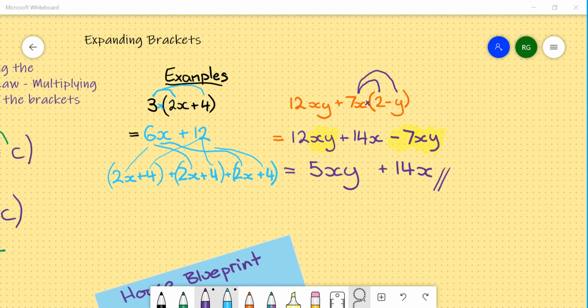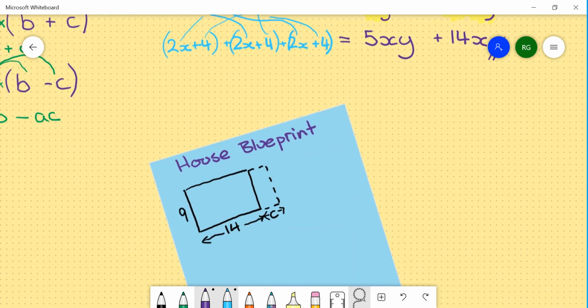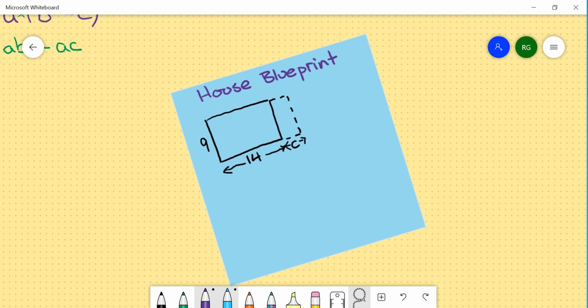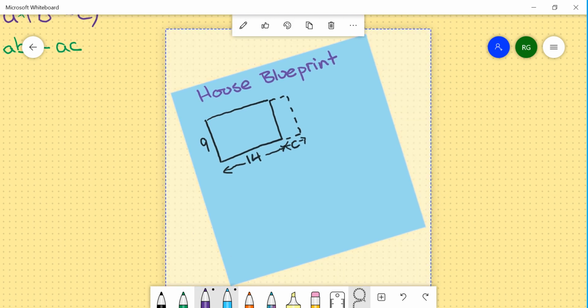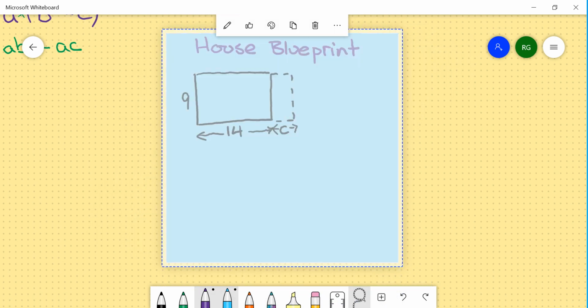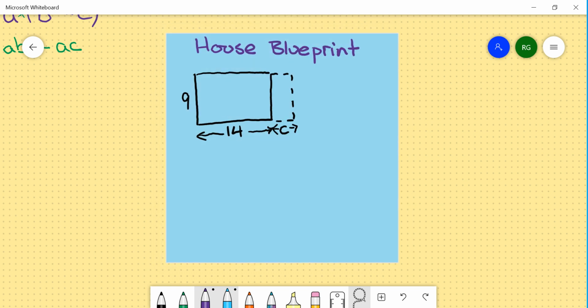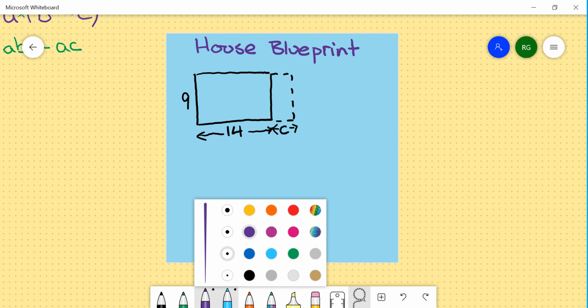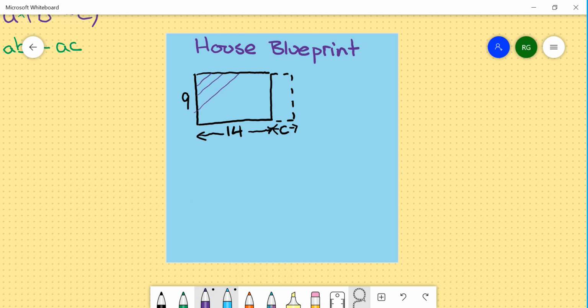Now going to move on to a real life example, well, sort of. We're looking at a house blueprint here. So imagine the area inside here is the house floor plan, and the bit that I'm going to shade green is a deck.